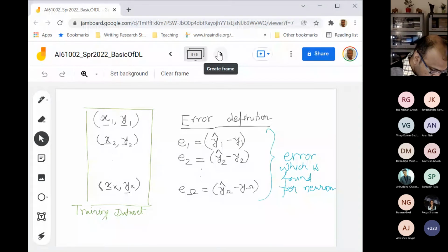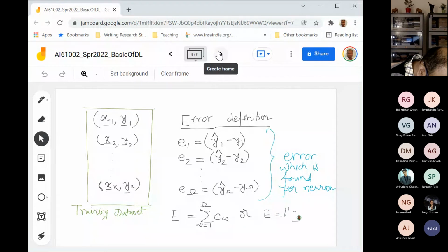So in order to do that, I can maybe use some way where this error E can be either the summation of all of these E small omegas, or the other option is I can have this E written down as the L2 norm of the difference between my prediction and my original target.